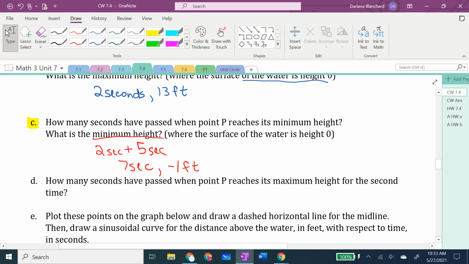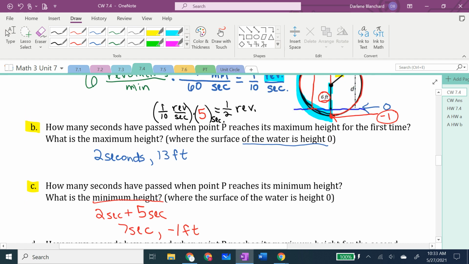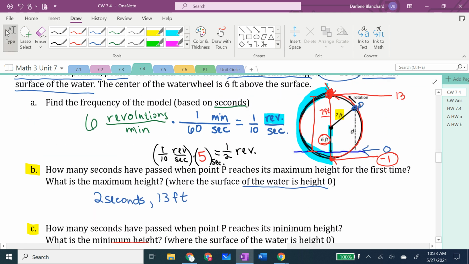Now, how many seconds have passed when point P reaches its maximum height for the second time? So that means it takes me 2 seconds to get here. And also remember, frequency. This is frequency. If you want to know the period of the graph, you do the reciprocal of frequency, if you want to think in that way.